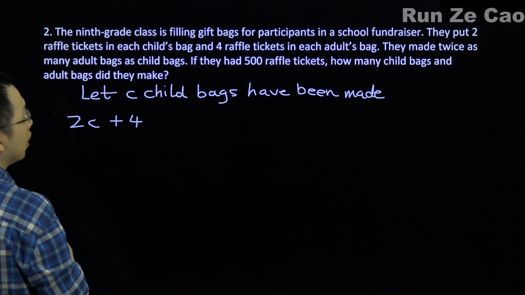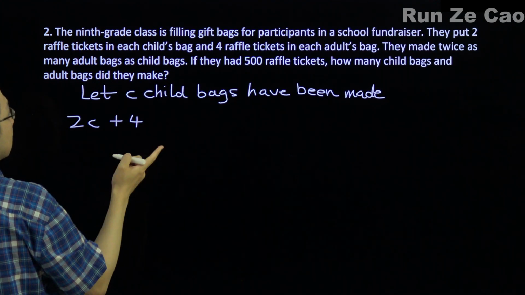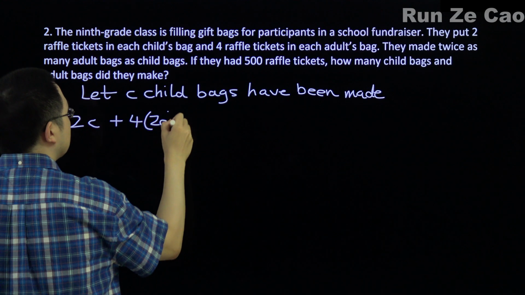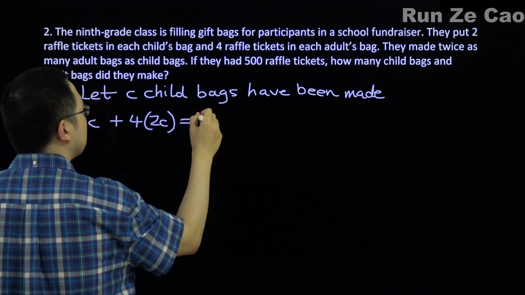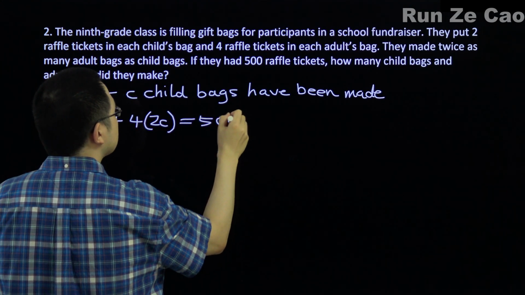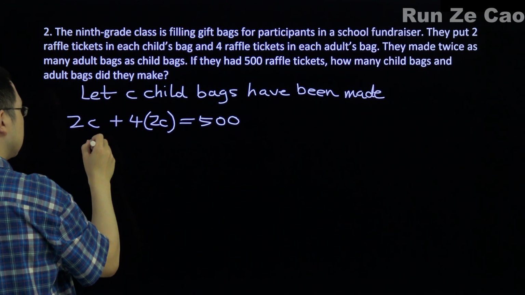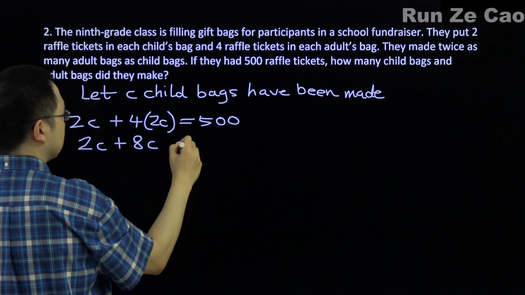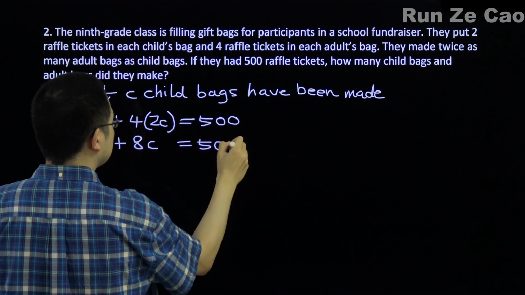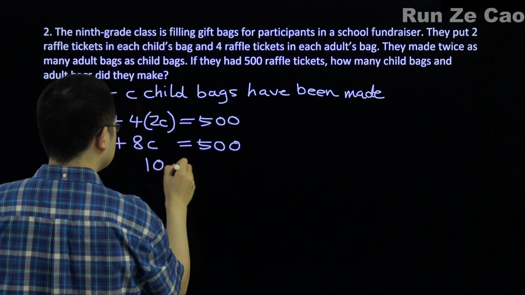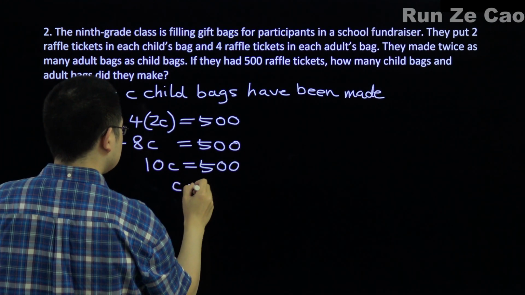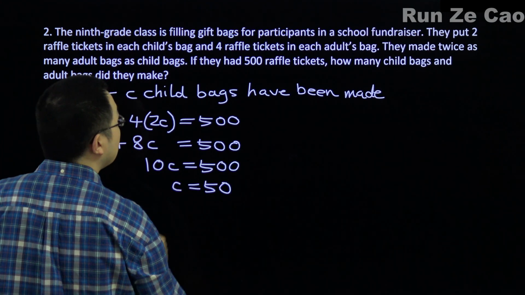How many adult bags were there? There were twice as many adult bags as child bags, so 2C. 2C plus 8C is equal to 500. Plus 10C is equal to 500. C is equal to 50.